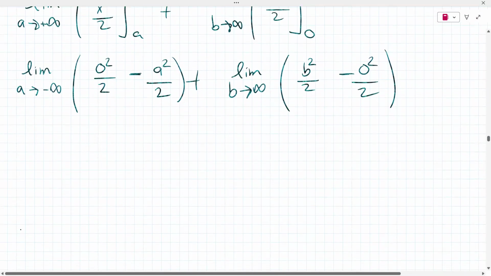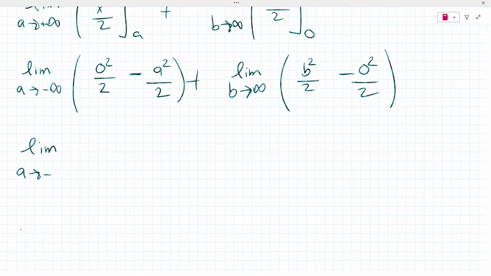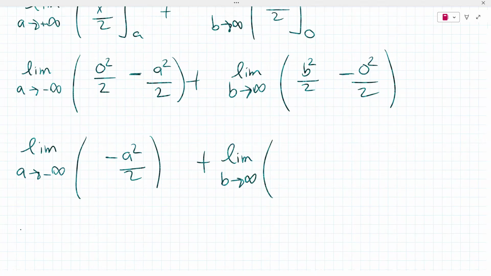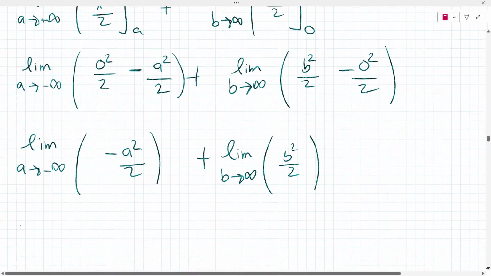So 0 squared over 2 is 0, minus a squared over 2 is just negative a squared over 2, plus the limit as b approaches infinity of b squared over 2, minus 0, so you don't need that.